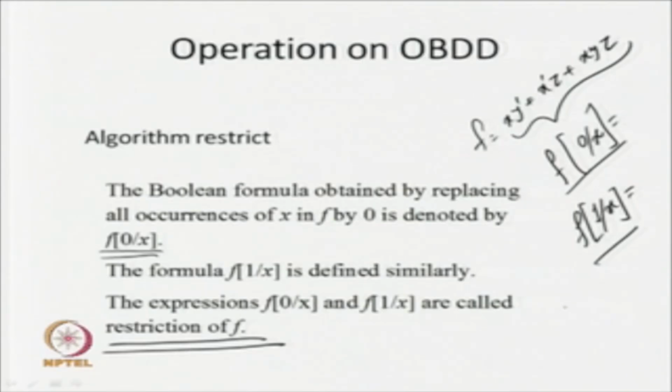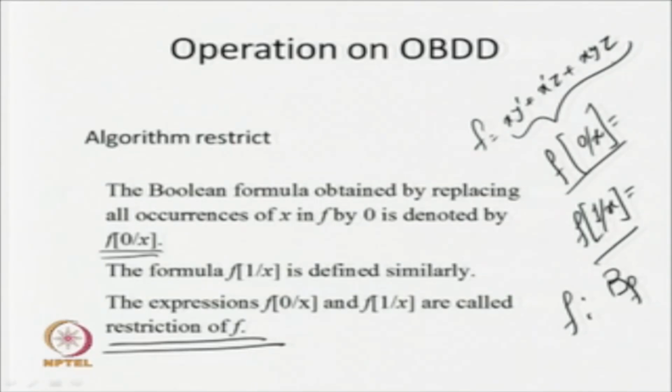Now, if we have the BDD representation of f, say BF, can we directly apply this restriction on it or not? Here I know that if I restrict it for x equal to 0, then we will find something like that, it will be z only, because with x dash as 1, the other two terms will be 0.